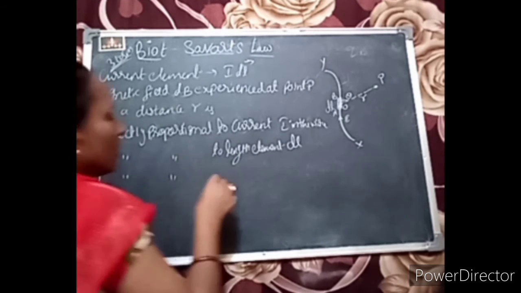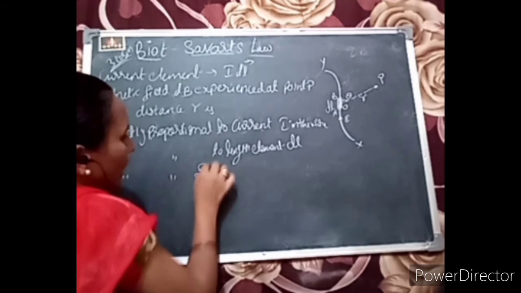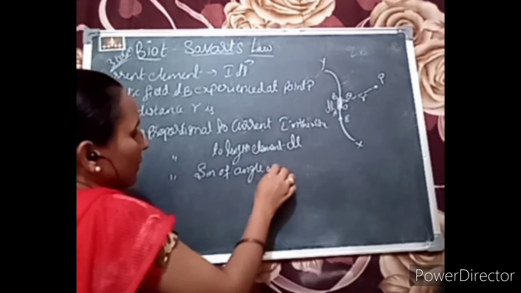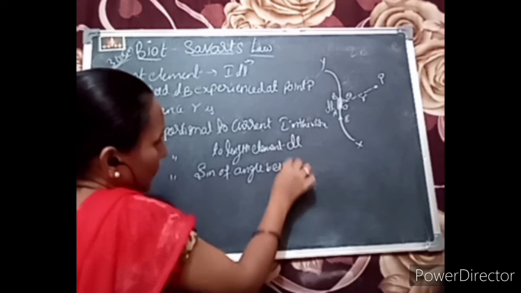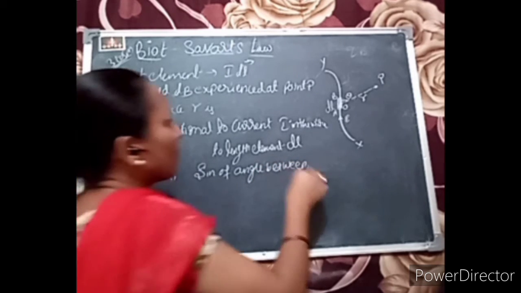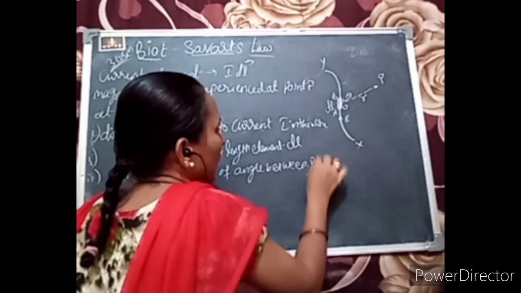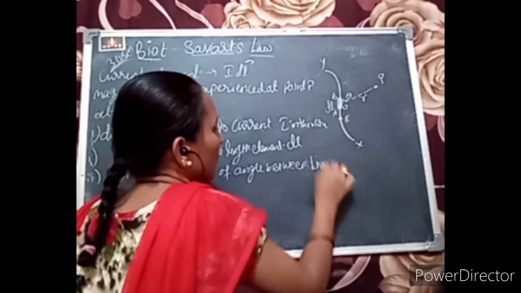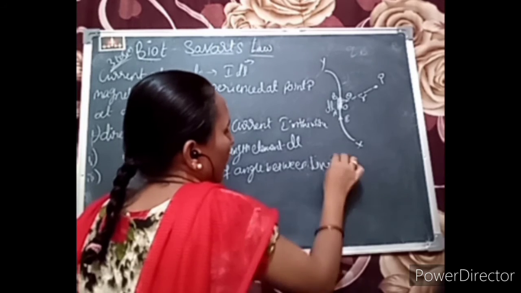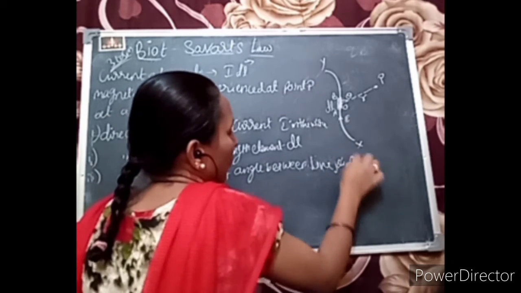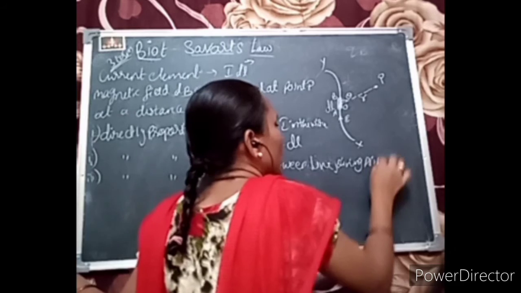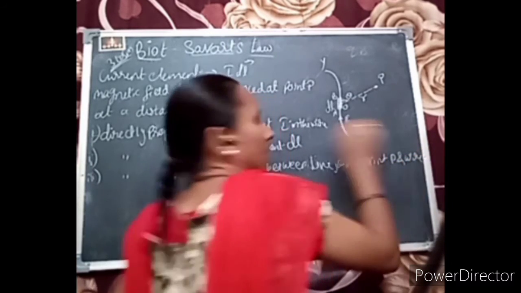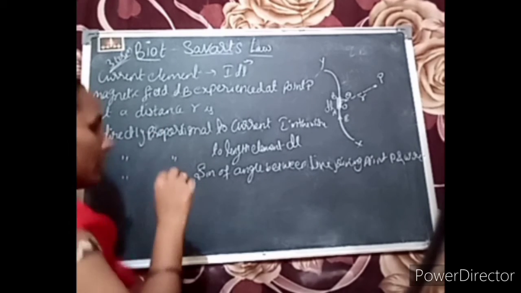Third, directly proportional to the sine of the angle between the line joining point P and the wire, or current carrying conductor, you are supposed to write wire.